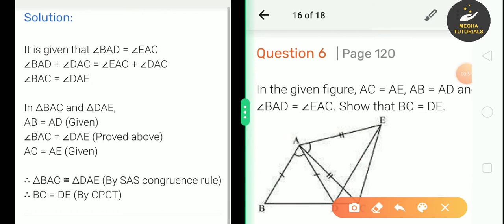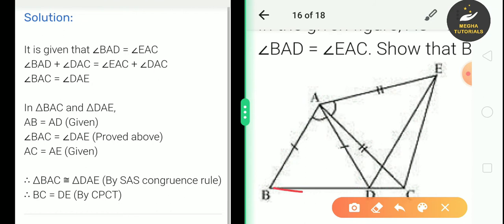BC means this complete side and DE means this complete side. So for BC we will select triangle ABC, and for DE we will select triangle ADE.